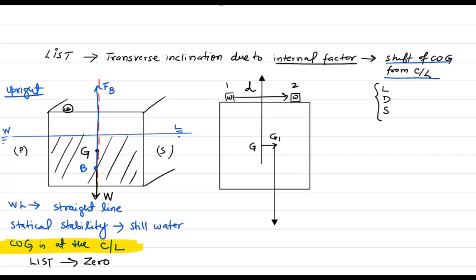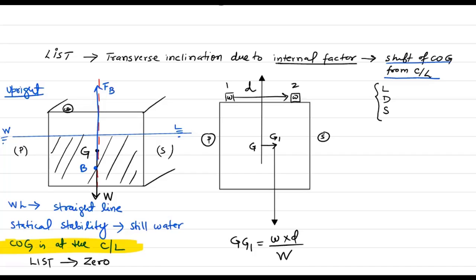As the weight is shifted from 1 to 2 in this direction, port to starboard direction, this is starboard, this is port, the center of gravity of the ship will shift like this. And this is given by GG1 is equal to w into d upon W.